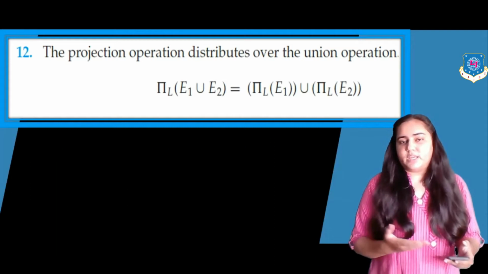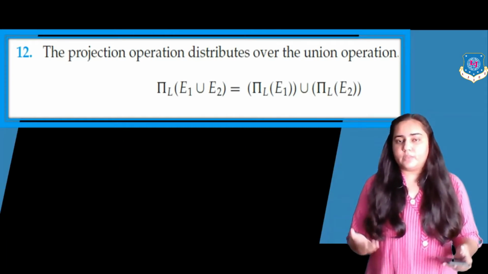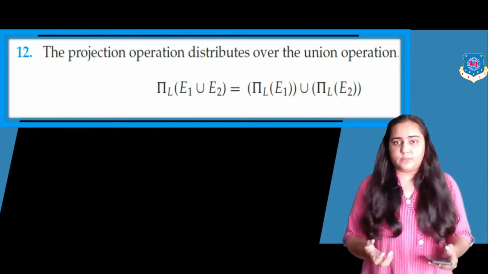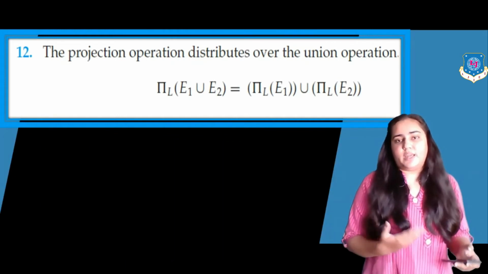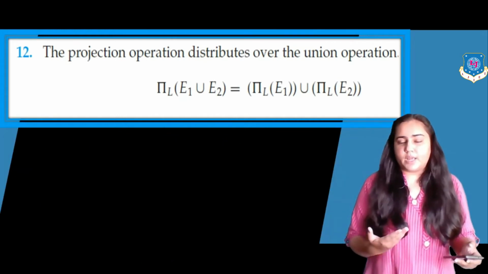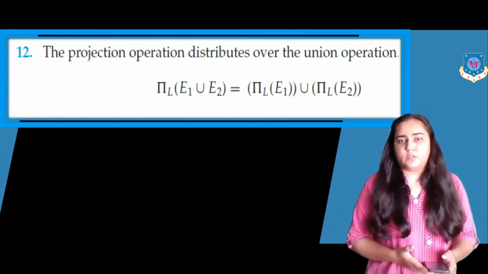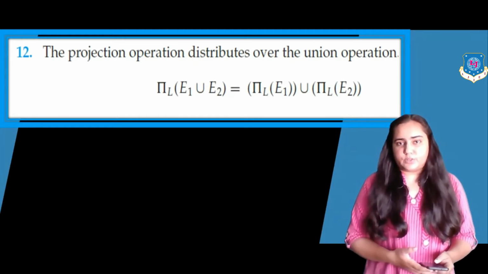Also I can do it in this manner: I can do pi L on E1 and pi L on E2, and after fetching those columns, I can perform a union. This is provided that the columns in L are present in E1 and also present in E2. Then I can perform it in this manner. So I can distribute a pi operation over a union operation.